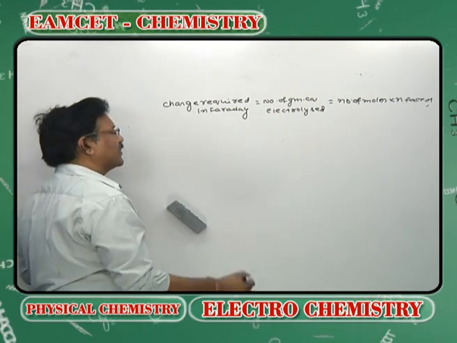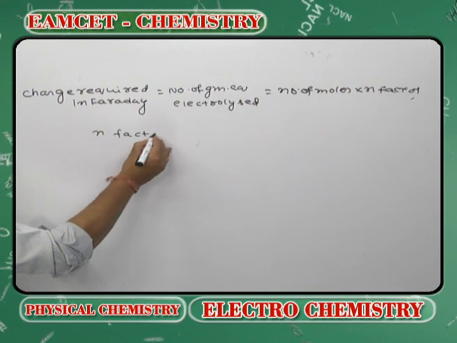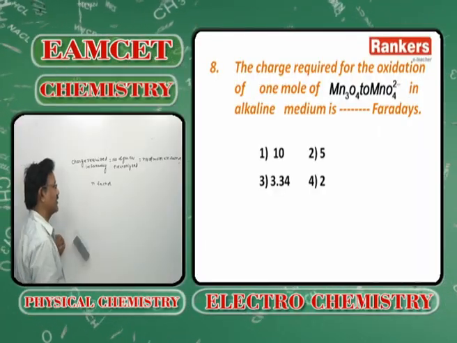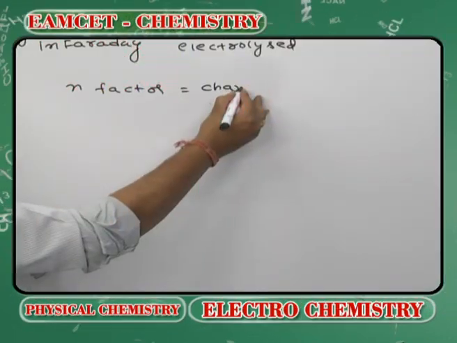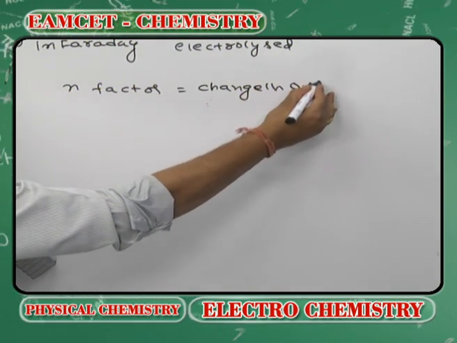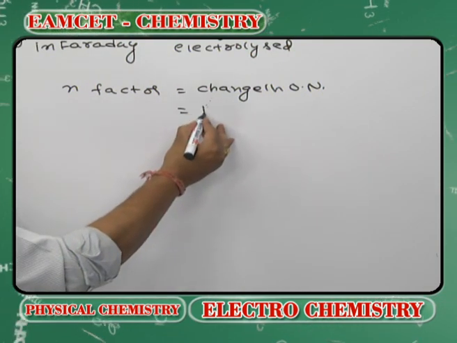So, what is the n factor here? This is an oxidation reduction process. N factor is equal to change in oxidation number. How do you get change in oxidation number?